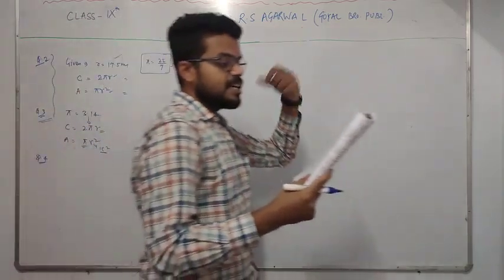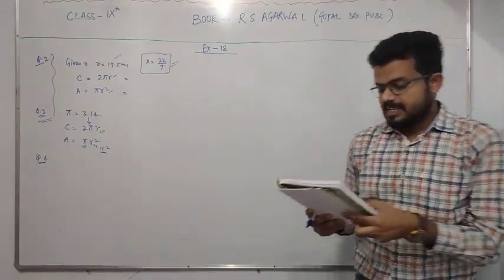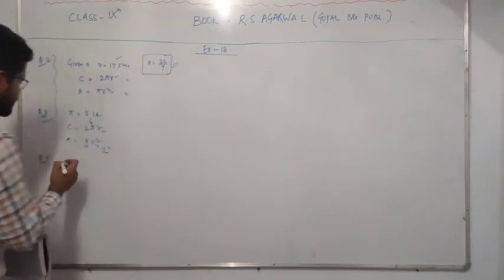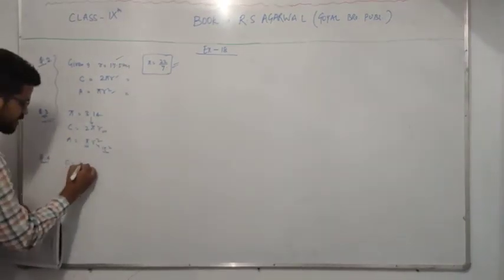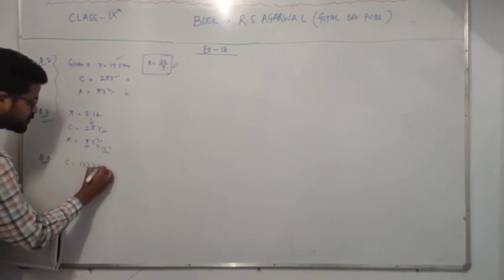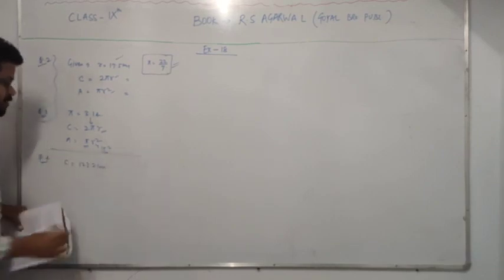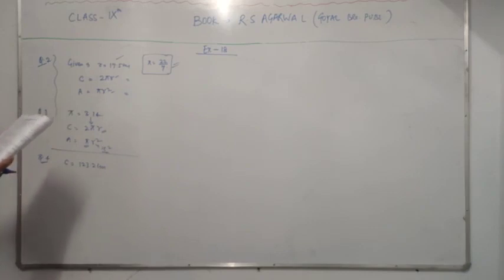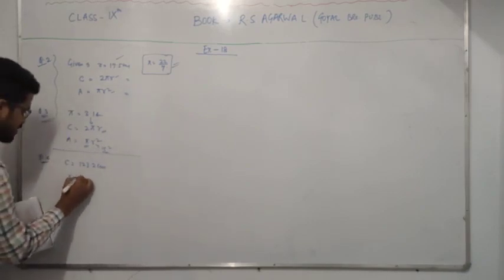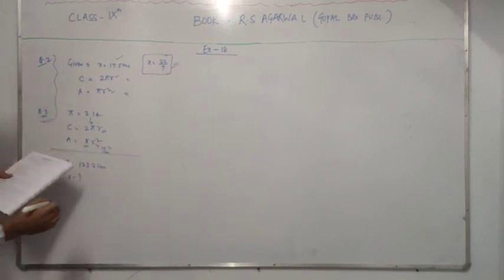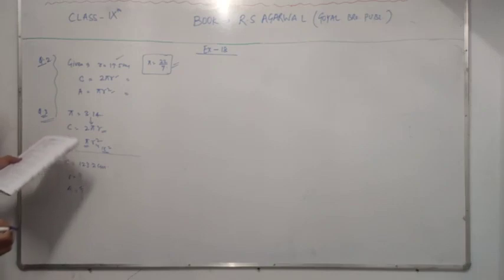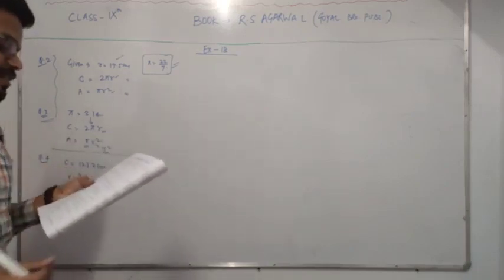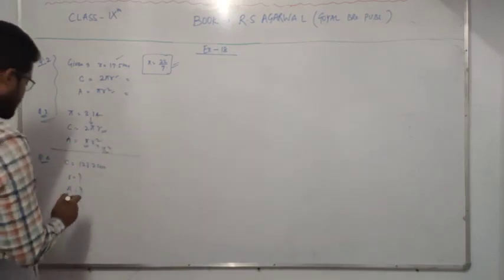Question number 4. The circumference of a circle is given in the question: 123.2 centimeter. We have to calculate the radius, the area, and the effect on the area of the circle if the radius is doubled.